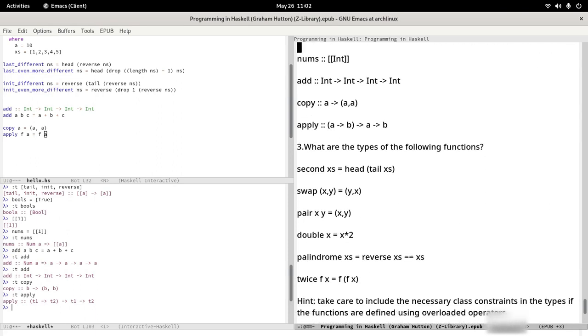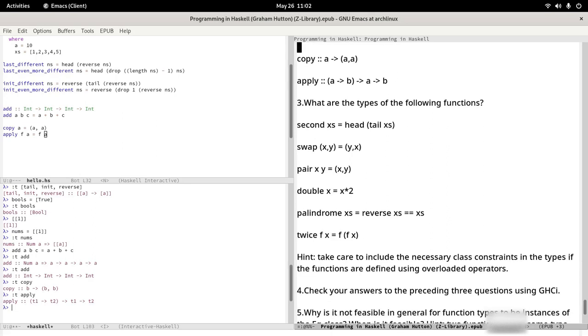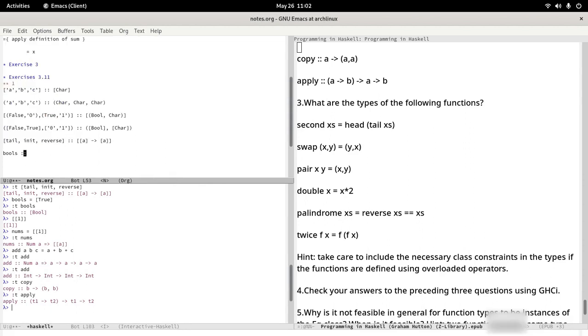What are the types of the following functions? Okay, second. Wait, let's write this in the notes.